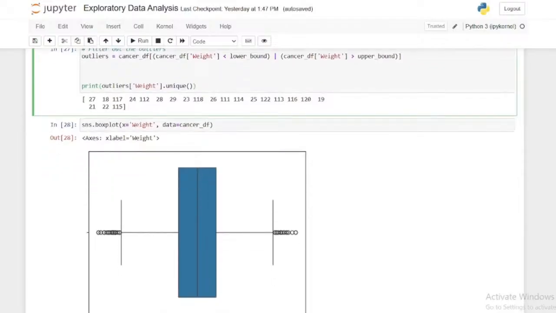What's the best chart you can use to visualize outliers if not a box plot? For a box plot, you remember that the dot points represent outliers, so any values outside these whiskers are outliers, right? So you can see we have a whole lot of low values and values that are extremely high.